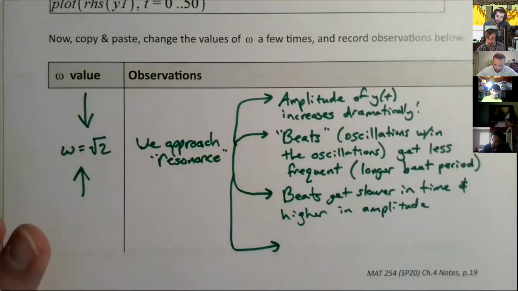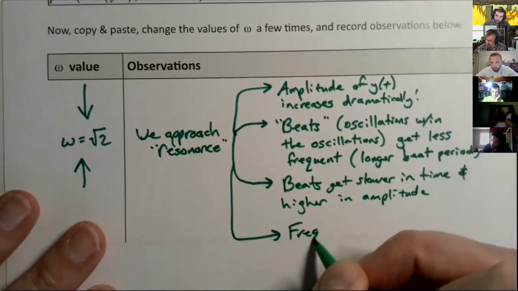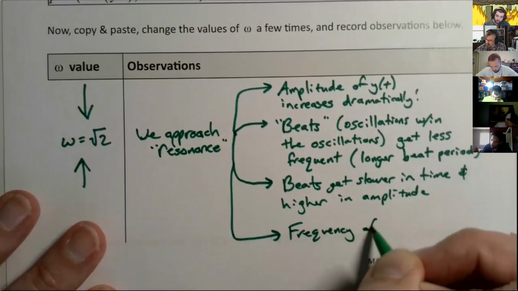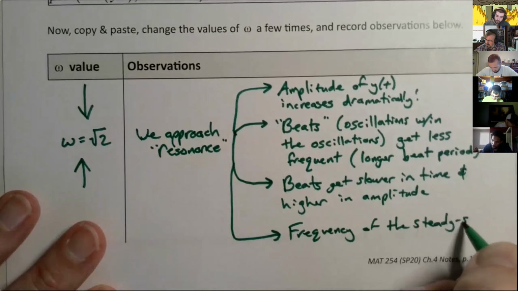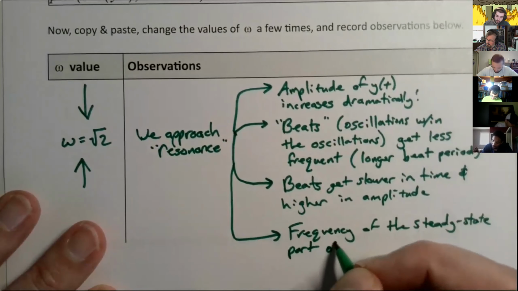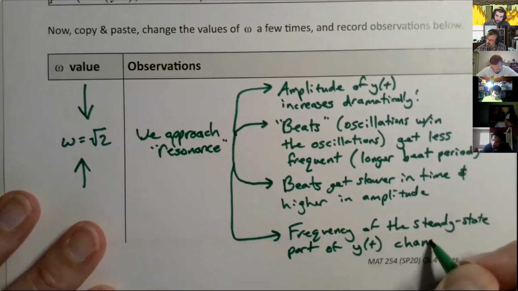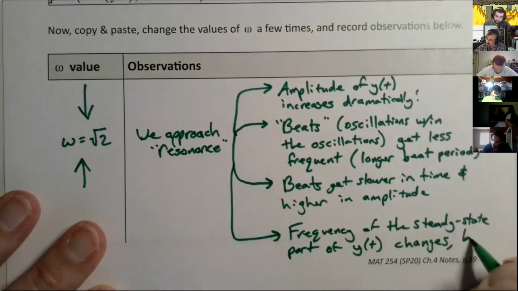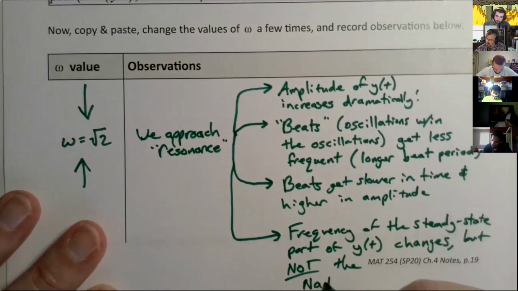And you might not have noticed this when we were looking at the solutions on Maple, but the frequency of the steady state part of y of t changes, but not the natural part, the natural response.